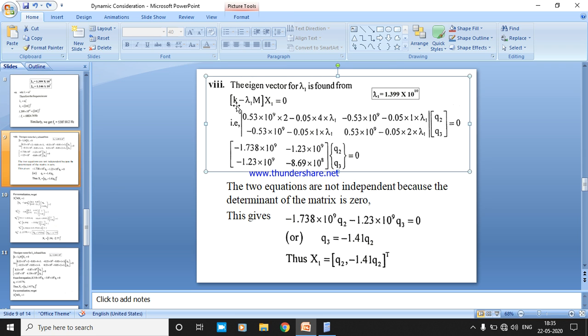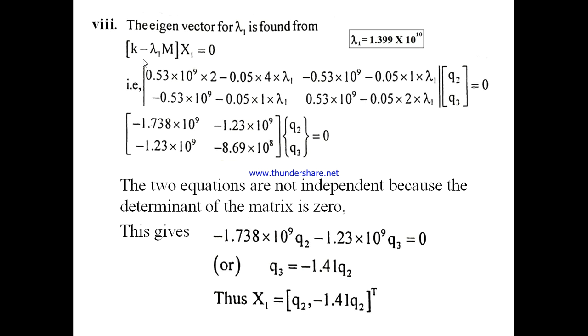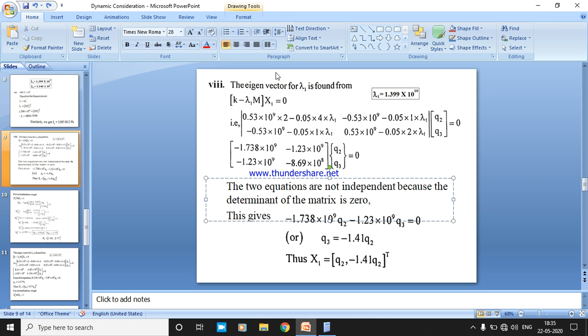So this is the formula we have: k minus lambda 1 m into x1 is equal to 0. I said what is x1. X1 is q1, q2, q3, but already we have eliminated the first one, first column, because it is a fixed end. So how did we get this equation from the previous slide?